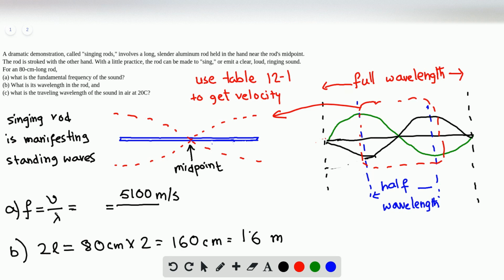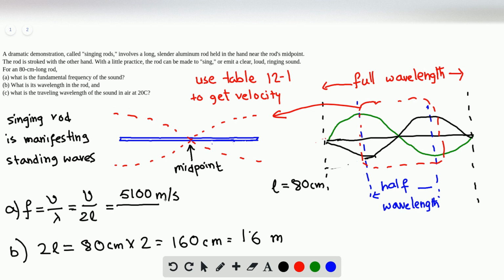And then for lambda, we need to understand how to get the wavelength. This is half of the wavelength, and we know it's an 80 centimeter rod. So to get the full wavelength, we need to multiply that 80 centimeters by 2, where L is 80 centimeters.